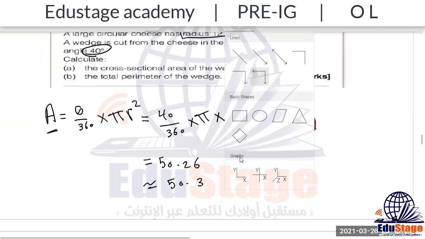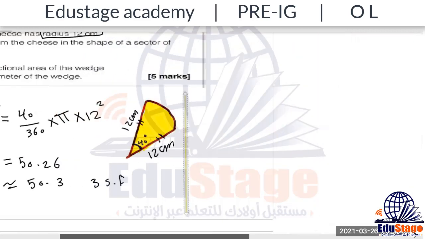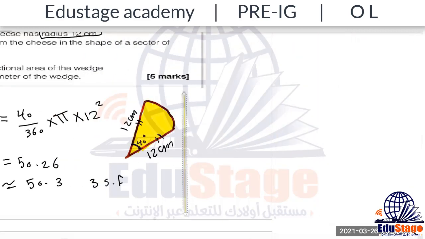Yes, sir. Okay. So now we need to find the total perimeter. What is the total perimeter here, guys? Circumference. We need to find the circumference of the sector over here. He said find the total perimeter, and the total perimeter here includes three things.